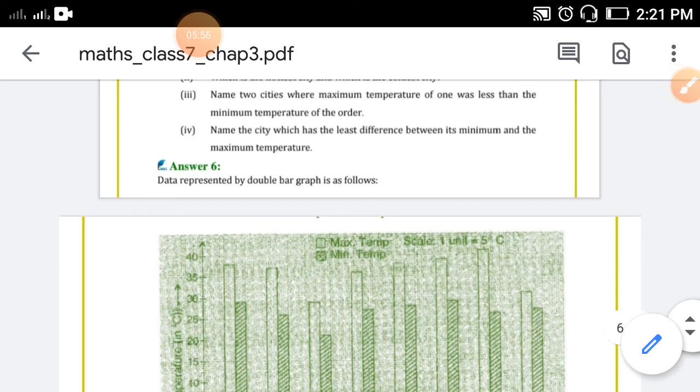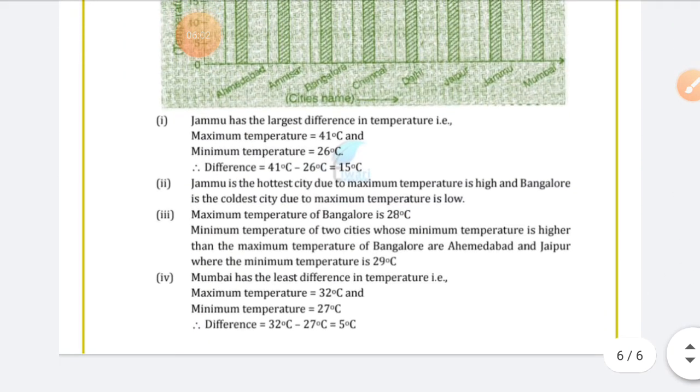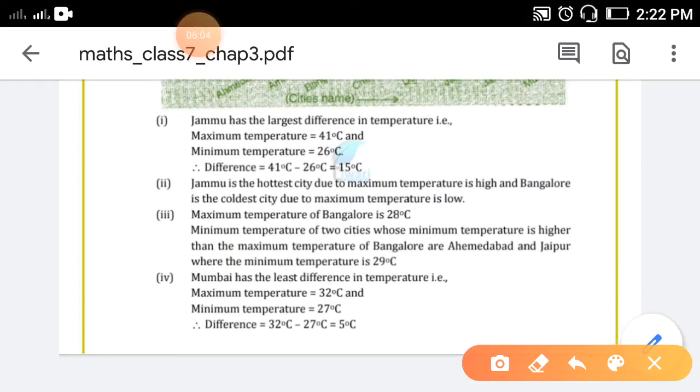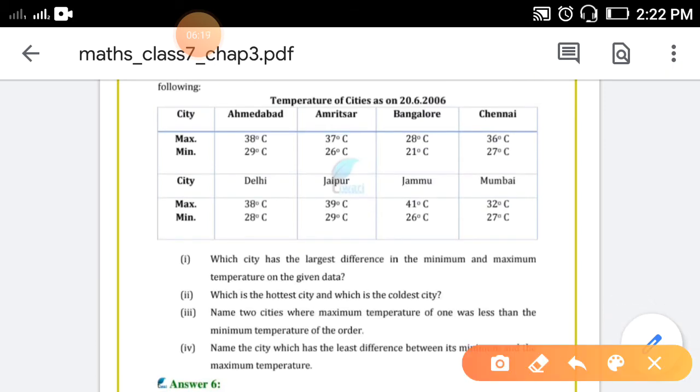Name two cities where the maximum temperature of one was less than the minimum temperature of the other. The maximum temperature of Bangalore is 28. The two cities whose minimum temperature is higher than that maximum are Ahmedabad and Jaipur. What is the question? Let's see. What is the maximum temperature of Bangalore? 28.